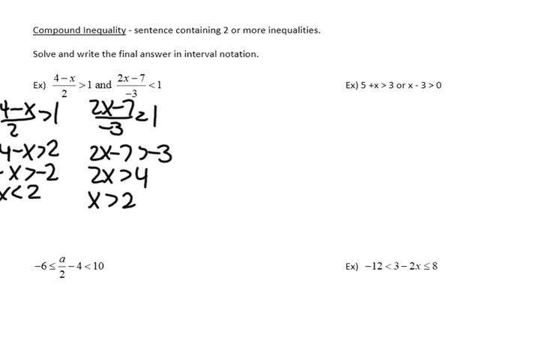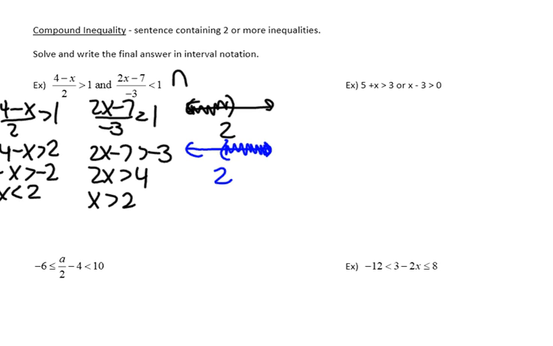Now, because this is an AND problem, this is an intersection. So it is where these solution sets are going to meet or intersect. So let's put these on a number line. So again, where do they intersect?